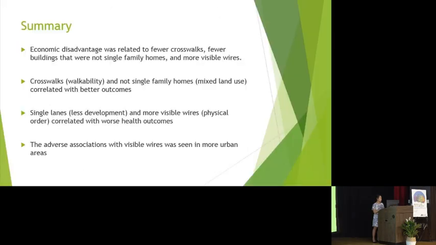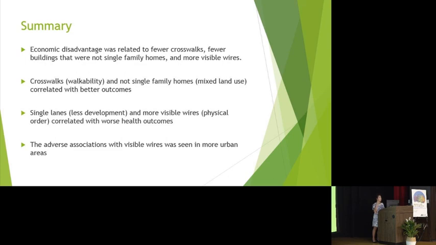I didn't really go over the demographics, but there are demographics associated with built environments because, as you know, people don't randomly sort into neighborhoods, and different demographic groups are exposed to different built environments. Crosswalks and not single-family homes seem to be beneficial, and we're seeing that pretty consistently at the individual level, census tract level, county level, and state level.